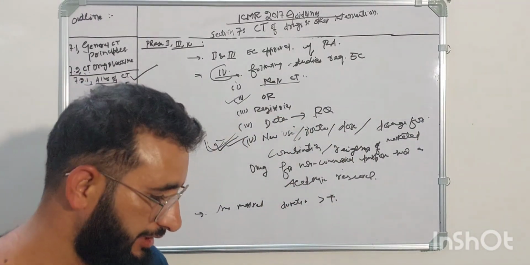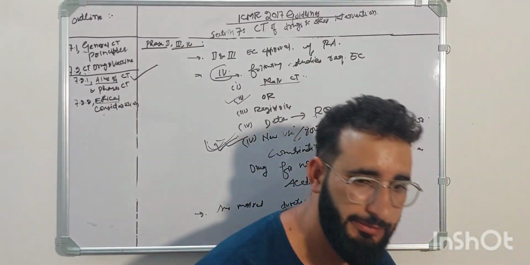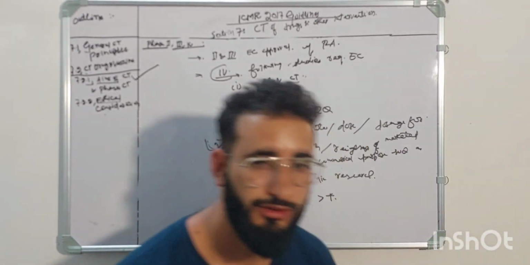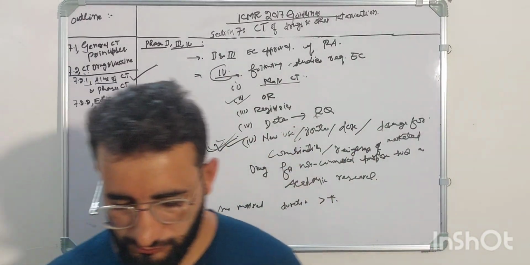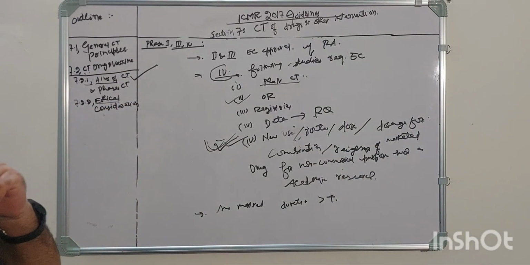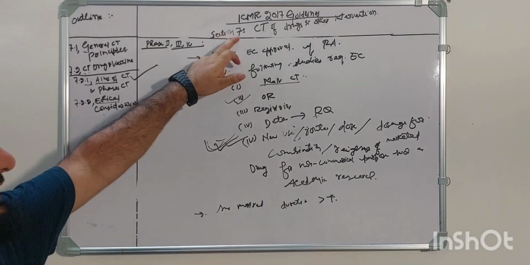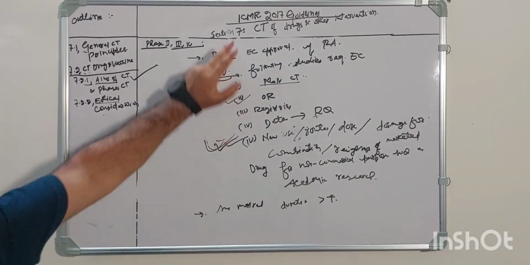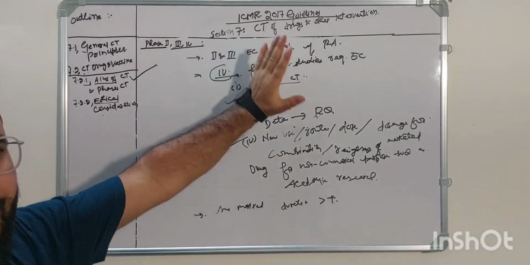So once again, I will tell you from the beginning, so I can conclude this lecture. What did we actually discuss in this topic? In this video lecture, we discussed Section 7, clinical trial of drugs and other interventions as per ICMR 2017 guidelines.